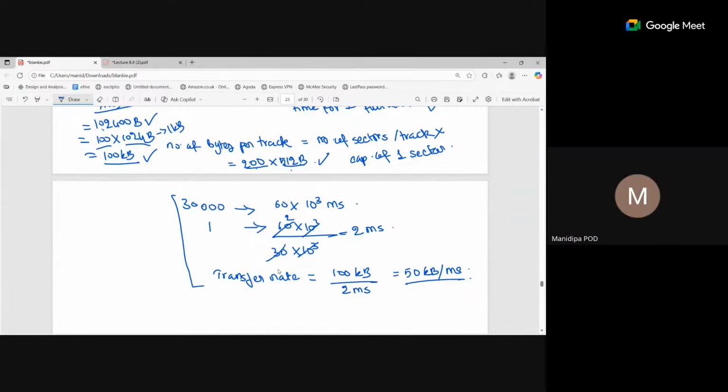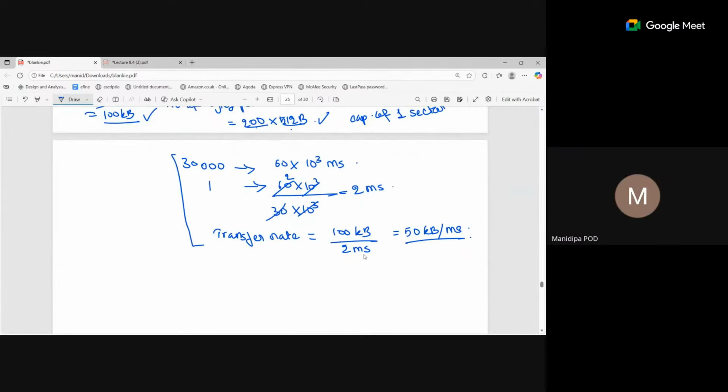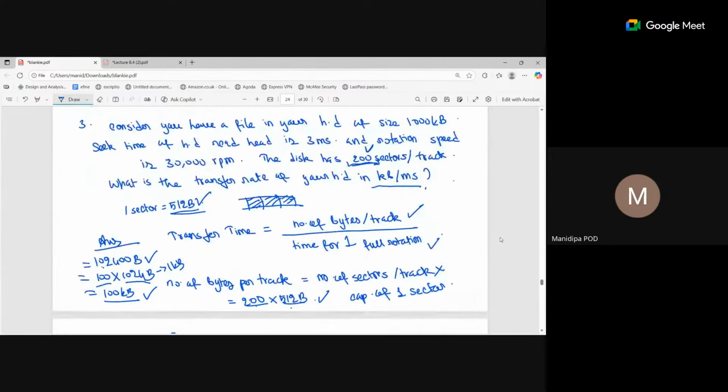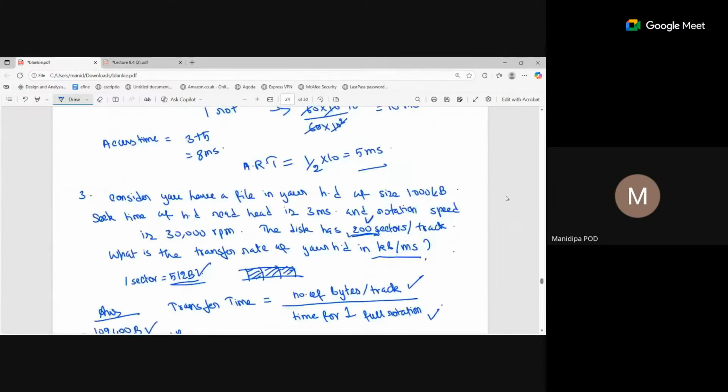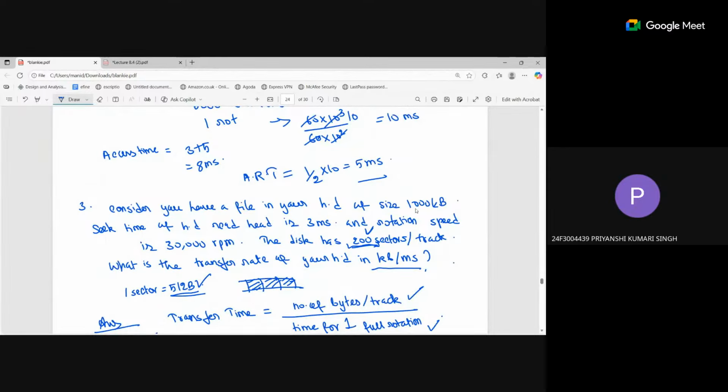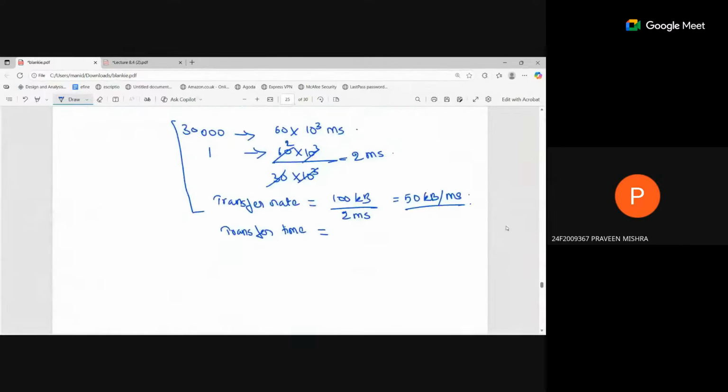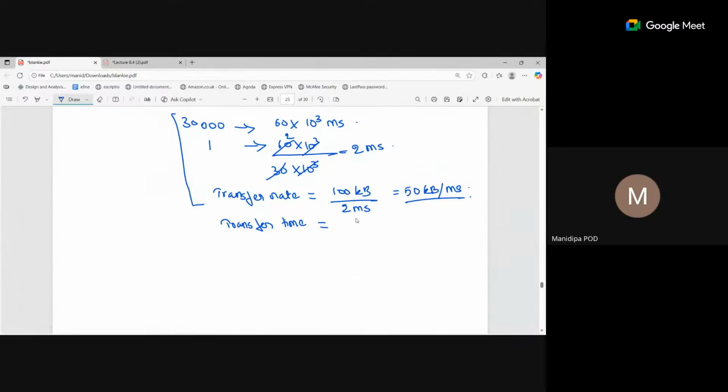So transfer rate, we know. Now, what is the question asking? Transfer rate of your hard disk is this much. Now from here we can ask another question also: what is the transfer time? What is the size of your file according to the question? 1000 KB. So what is the formula for transfer time?